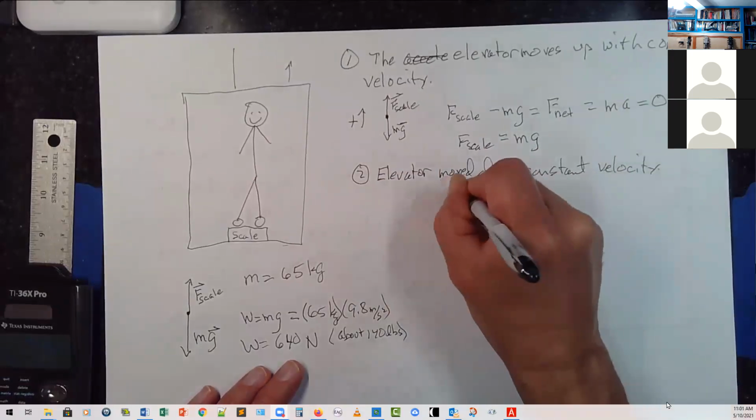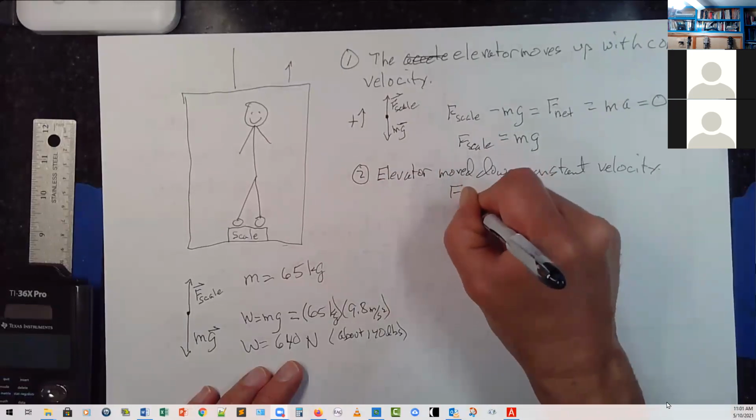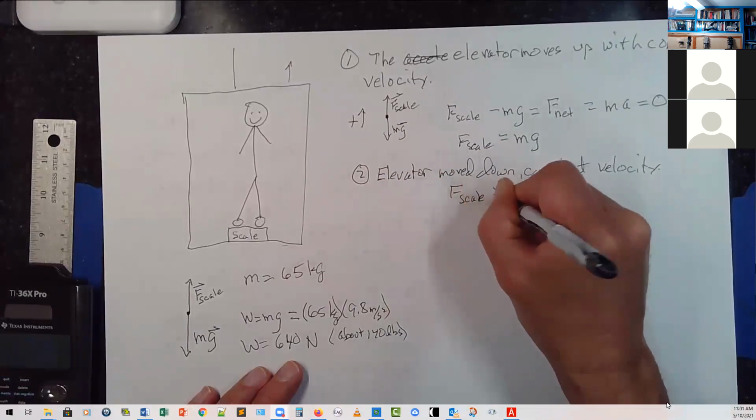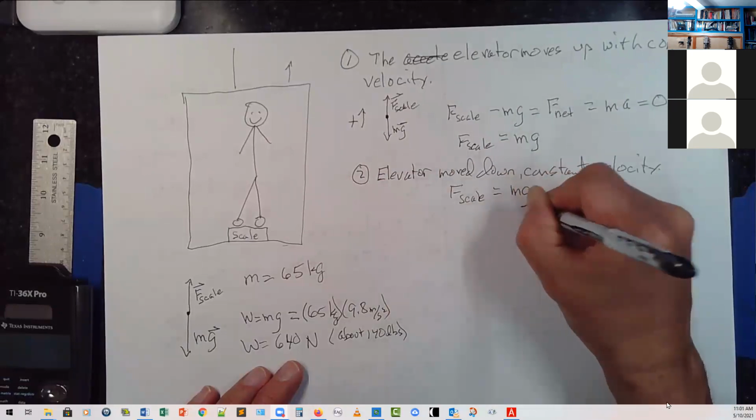Again, we get that the force that the scale exerts on them is just going to equal mg.